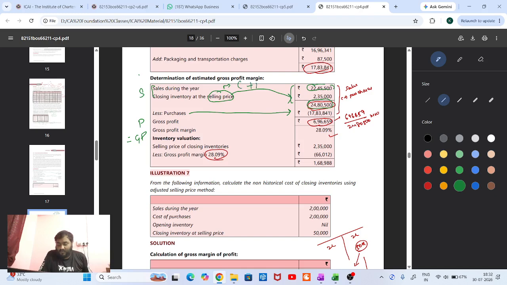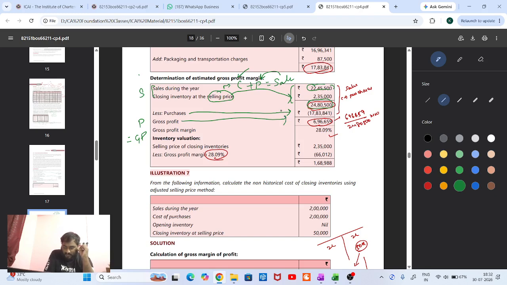Cost plus profit equals sale price, right? So it should be valued at cost. Sale includes profit, but we should try to get this value. Anyway, sales minus purchases equals gross profit. This is the value of gross profit.